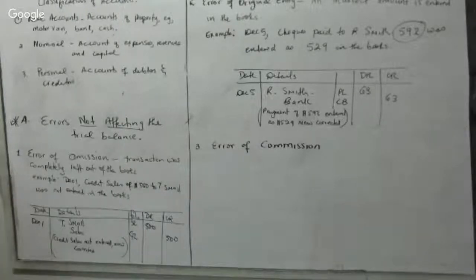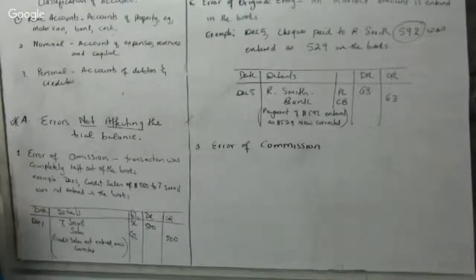They are assets, but we're not going to say assets, because debtor is also an asset, but debtor is not a real account. Or maybe we could say accounts of assets except debtors. Alright, so those are your real accounts.